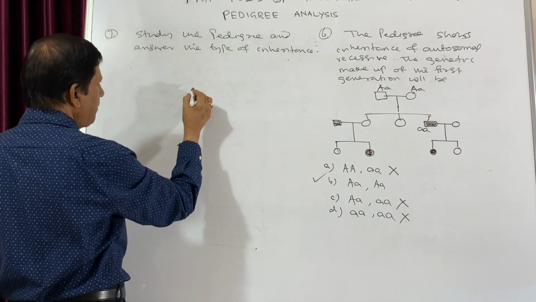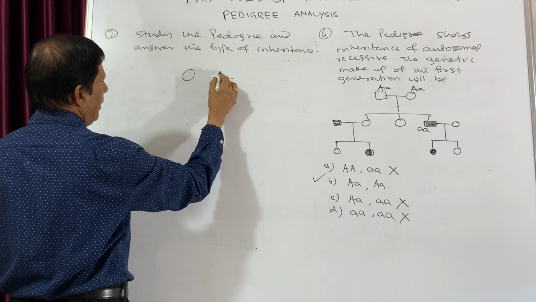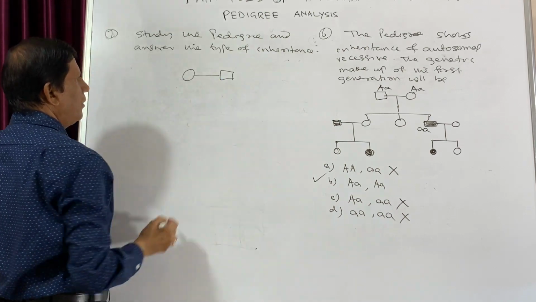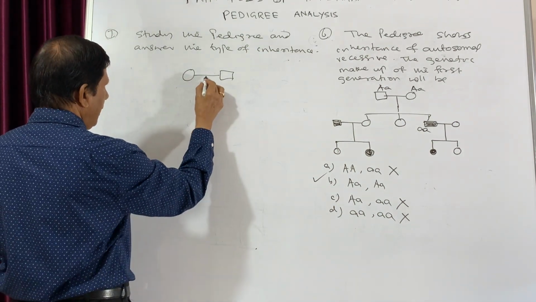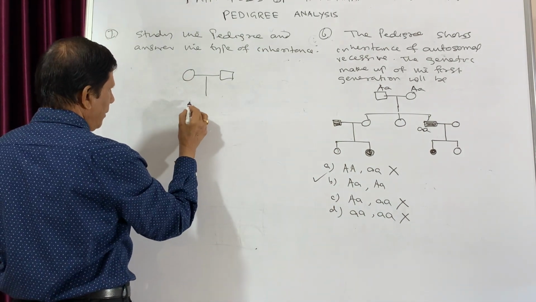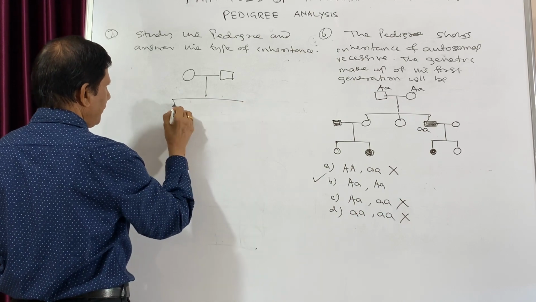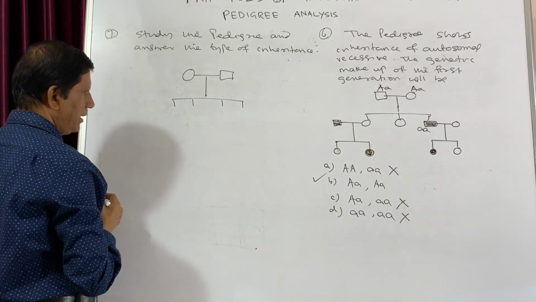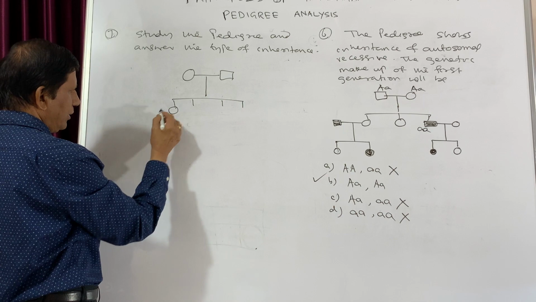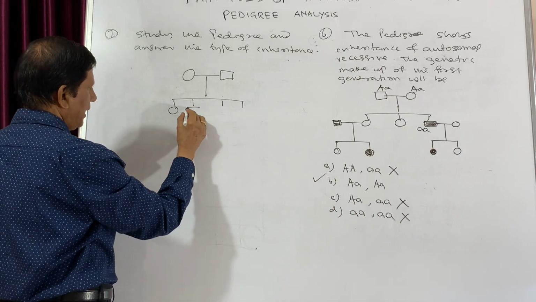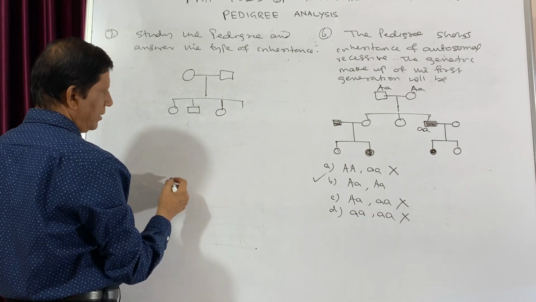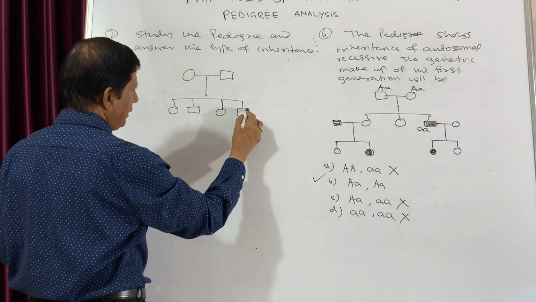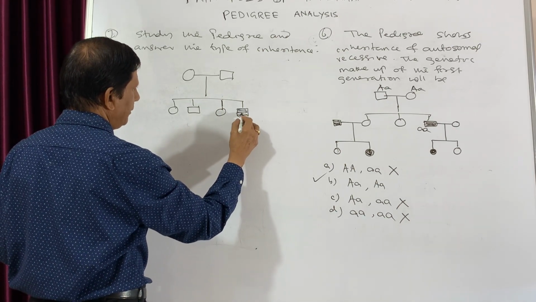So the pedigree, now both male and female, they are unaffected. Now they will have 4 children. Now the first is daughter, unaffected. Second is son, unaffected. Now the third is daughter, unaffected. The fourth is son, but affected.